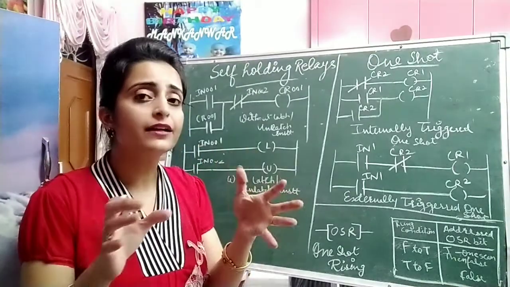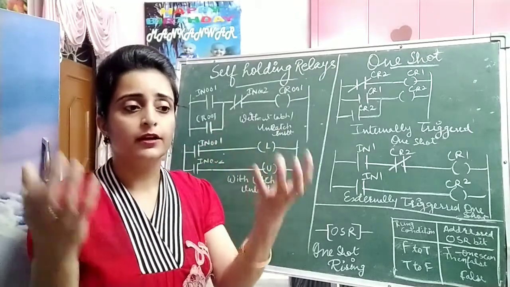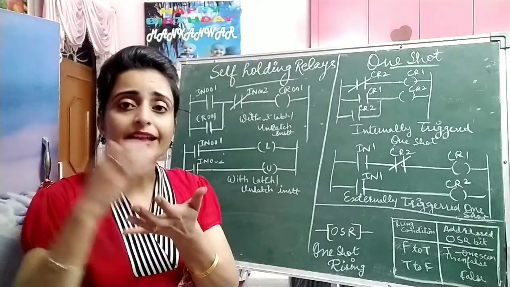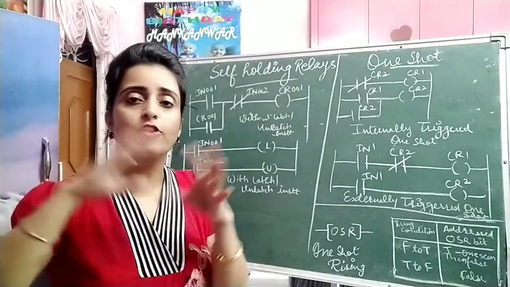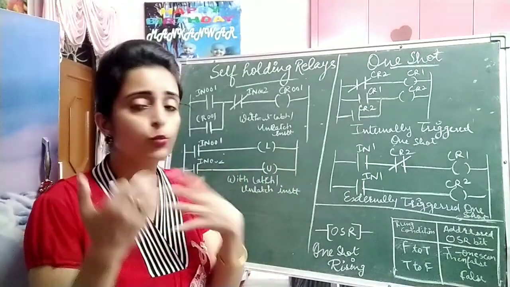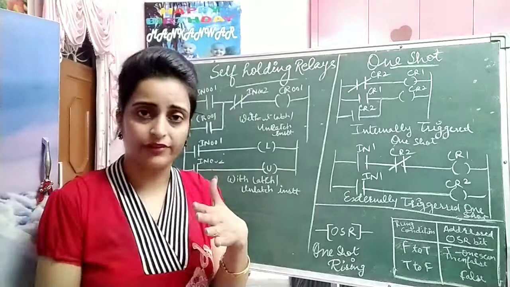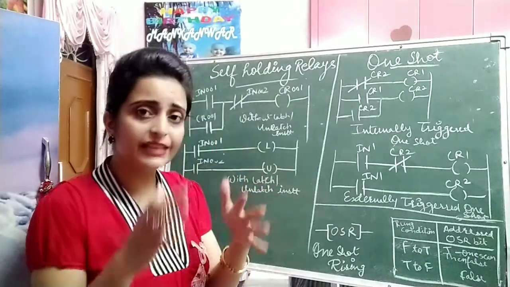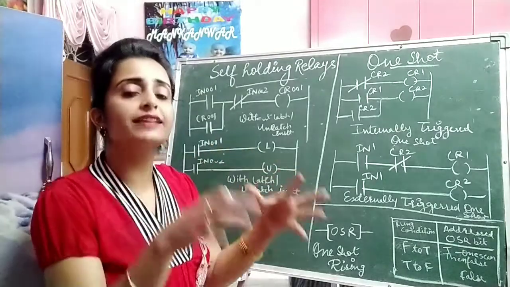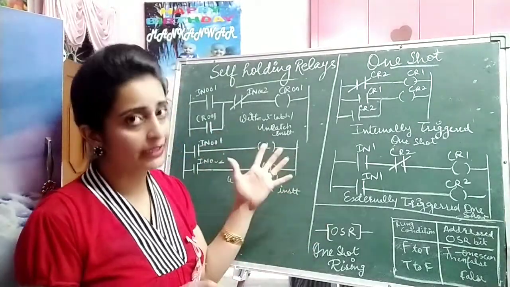So in that kind of condition, if we want that relay or that device to retain that particular position for some time, till we want it to release or turn off again, then we use these self-holding relays, okay.